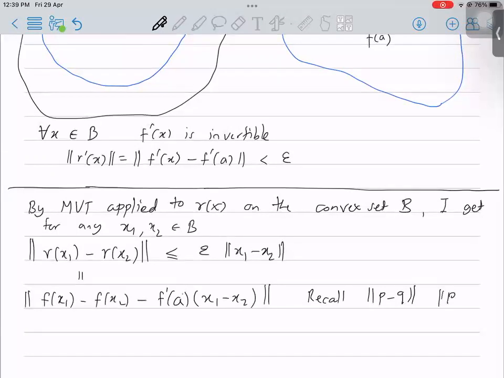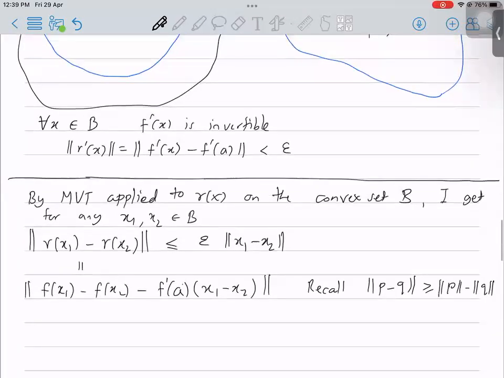It is greater than or equal to norm of P minus norm of Q. This is just triangle inequality, because P is the sum of P minus Q and Q. So that's what I'm going to apply. If I want to have the chain of inequalities, then this term that I have written over here, I want to show that it is greater than something, right?